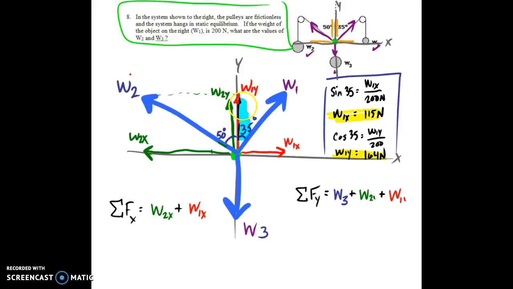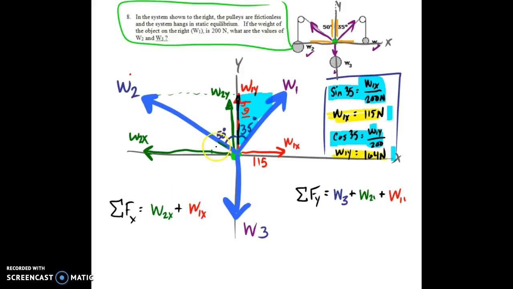Using this 35-degree angle, I'll use that triangle, and this relationship exists for the sine of 35, and there is a calculation of W1x, the x component. Then this relationship with 35 allows us to calculate the y component. So they are now in the diagram without the units; those are newtons.